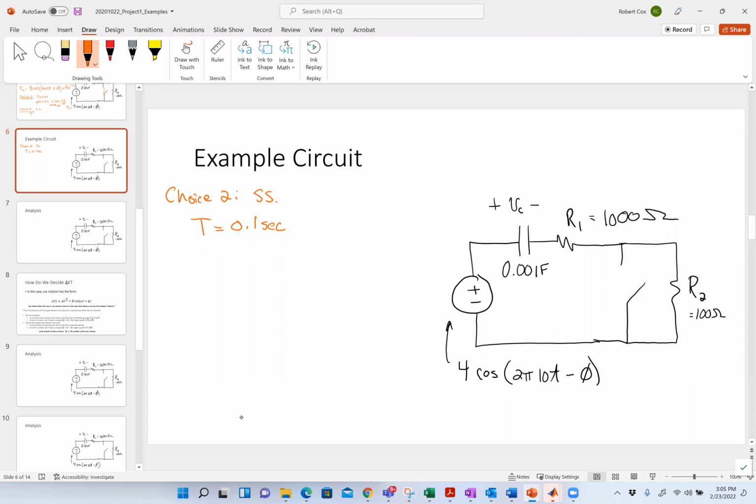What did I say? How did I choose my delta t for this guy? Much, much smaller than what? T, yeah, much, much less than T, right? I need the time step, delta t, to be much, much smaller than a period. All right, so what was our definition of much, much smaller then?